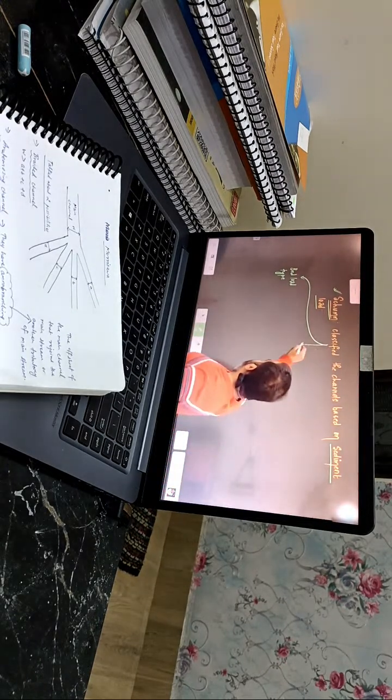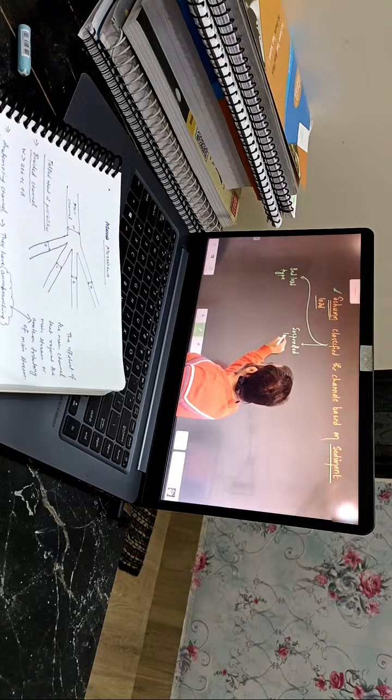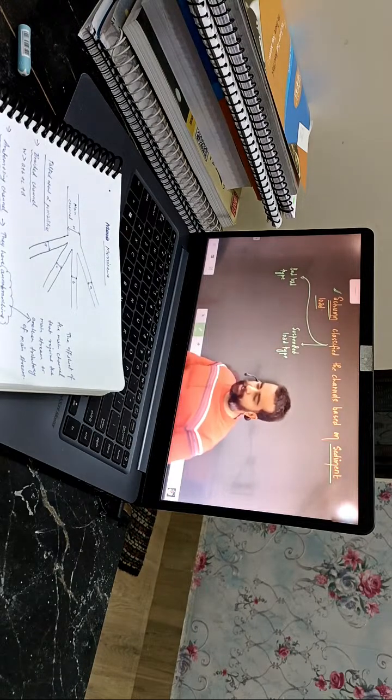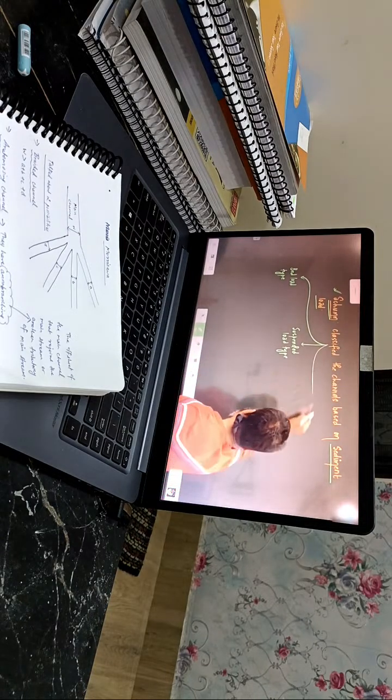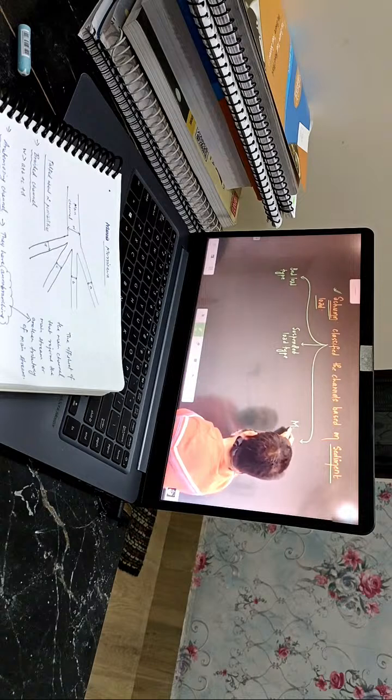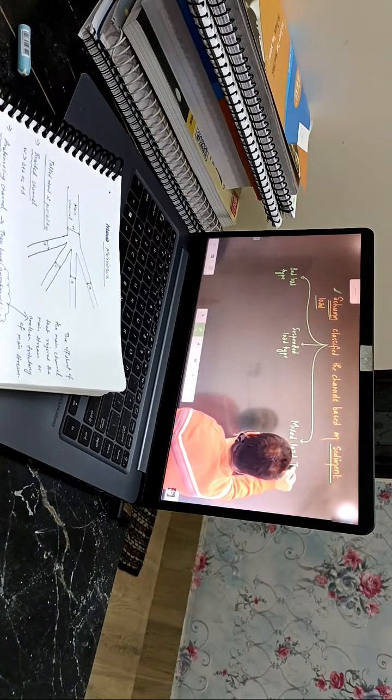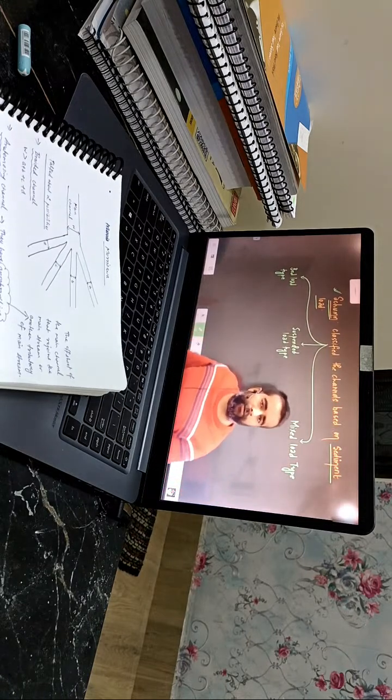Second one he called as suspended load type. And the third one was called by him as mixed load type. Okay, these 3 things he talked about.